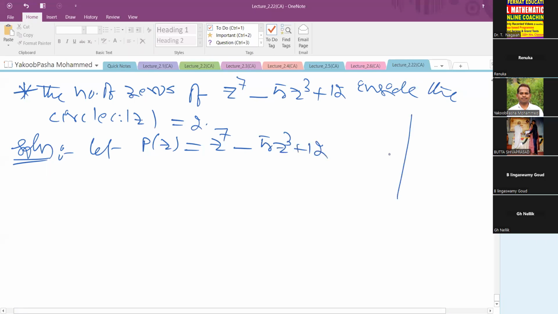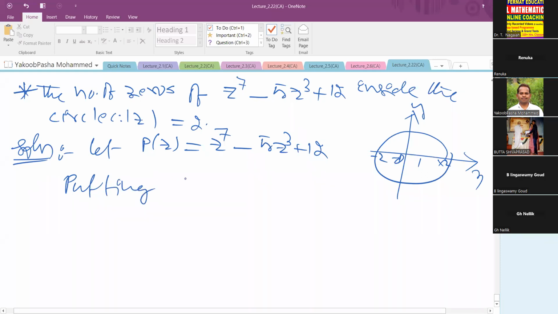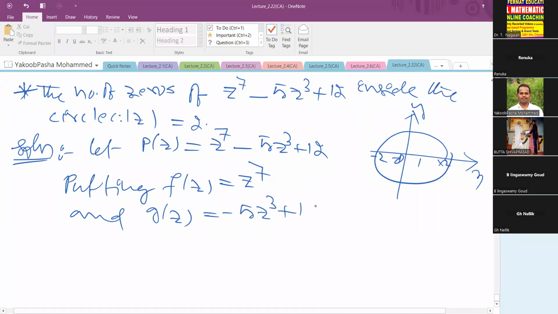The circle is the same as the previous circle, center at origin with radius 2. So we have to choose f of z and g of z. I am putting f of z equal to z power 7 and g of z equal to minus 5z cube plus 12.